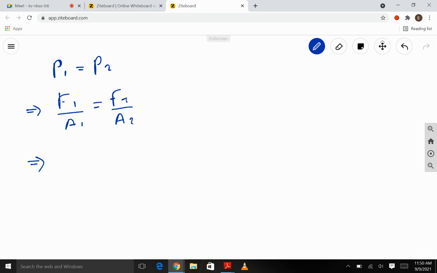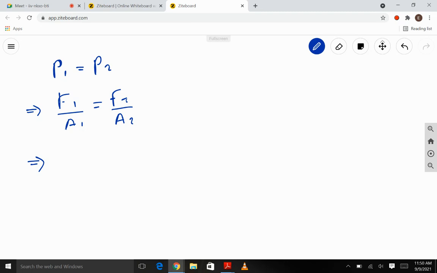But before we complicate our work with the radius, what you want to do at this point is make F1 the subject of the formula, because they are asking what force must the compressed air exert on the small piston in order to lift a car weighing 13,300 newtons.